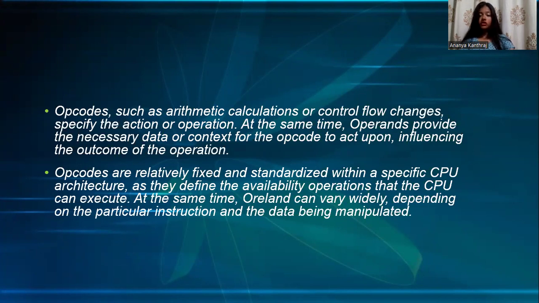It influences the outcome of the operation. Here you can find a major comparison between the opcode and the operand. Opcodes are relatively fixed and standardized within a specific CPU architecture, as they define the available operations that the CPU can execute. At the same time, operands can vary widely depending on the particular instruction and the data being manipulated.